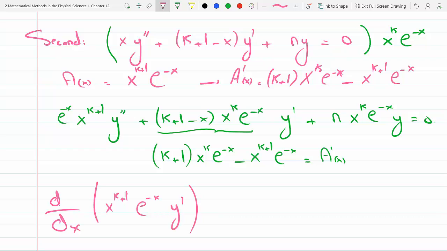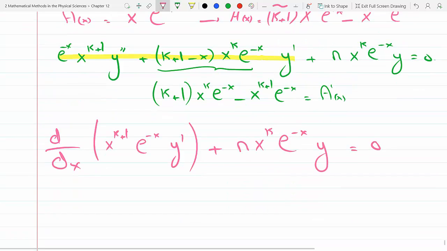I know that when I differentiate this using the product rule, I will get exactly these, right? This is what I just verified a moment ago. So y prime, plus I have n x to the k e to the minus x times y equals 0.